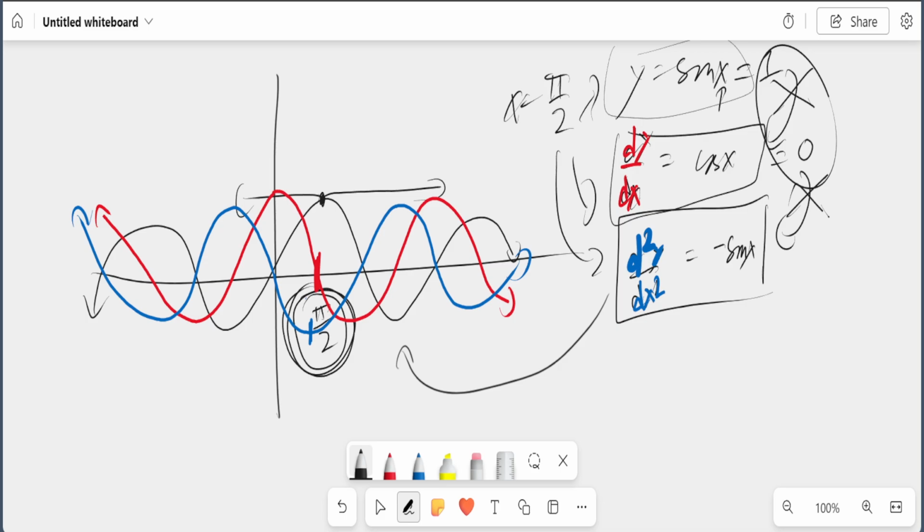So if you want to think about it like this, here is 0. Well, our dy dx is 0 over here too, and 0 over here too, and it's 0 over here too. So if we plug in dy dx equals 0, what point are we actually looking at?